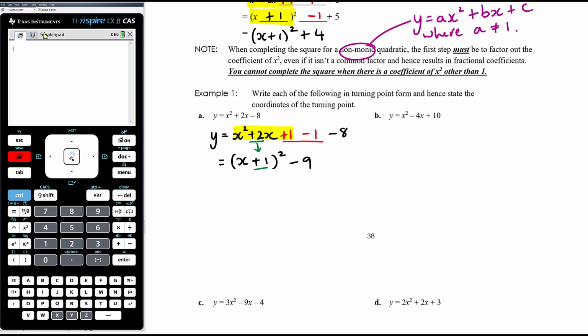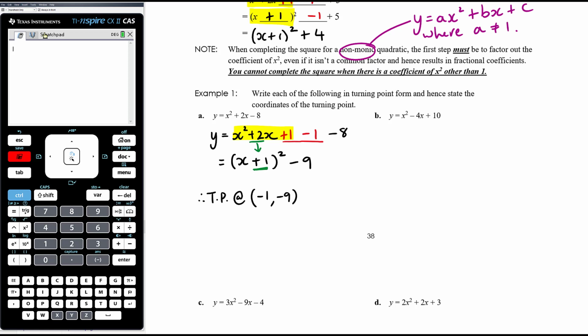So when we've completed the square, x squared plus 2x minus 8 can be written as x plus 1 all squared take away 9, which means it is now in turning point form, and so therefore we can now say that the turning point is at negative 1, negative 9. Remember, this plus 1 in here translates the graph to the left by 1. This minus 9 translates the graph down by 9. So the turning point is now at negative 1, negative 9.